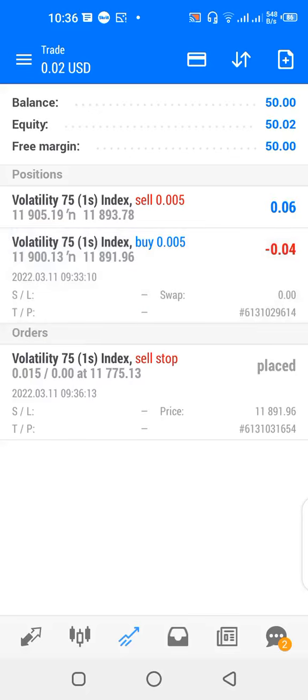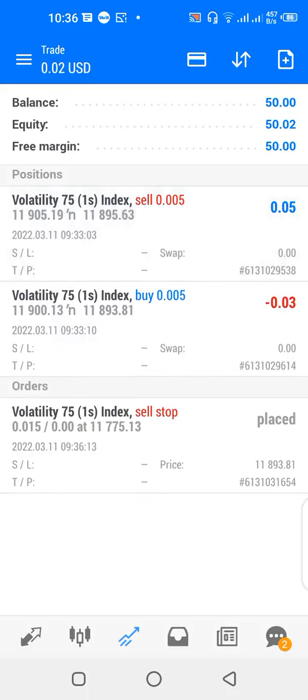So I'm going to set the same insurance for my running sell trade. On my Excel sheet, I'm going to calculate 125 points as my edge spacing. That's my price level for the sell trade.